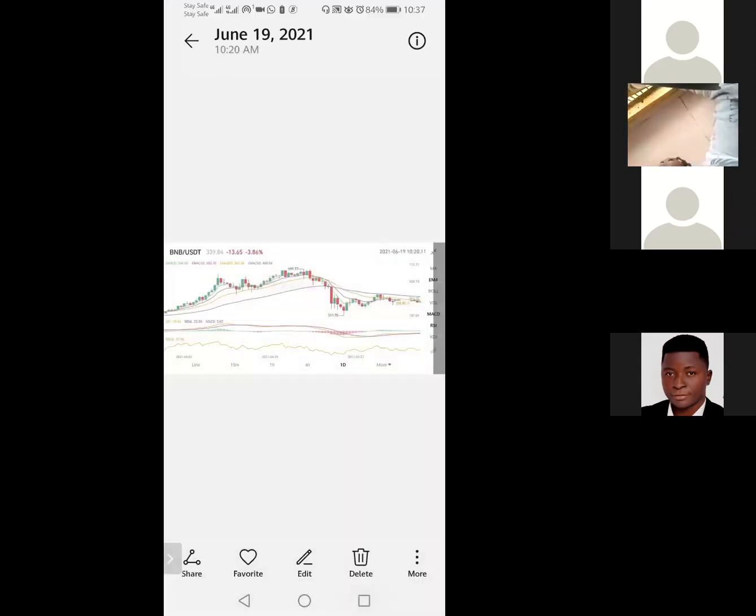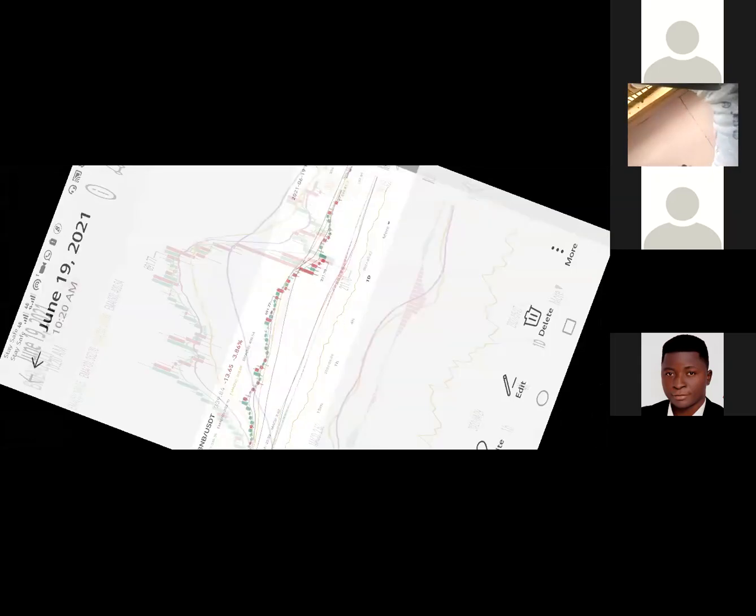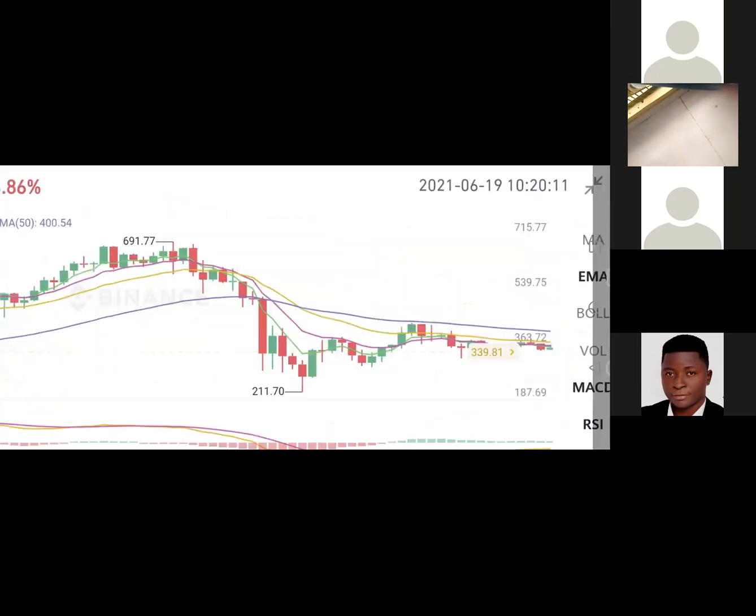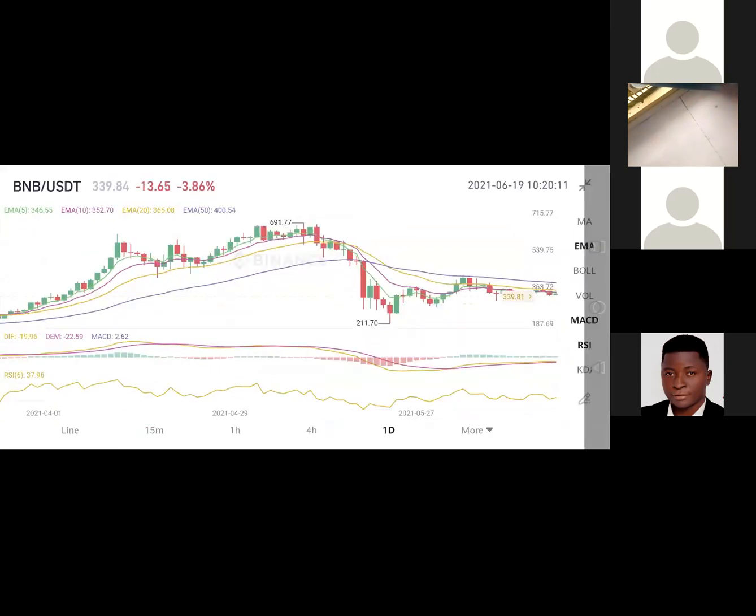Okay, back to it. Is there a cursor? Can you see a cursor?